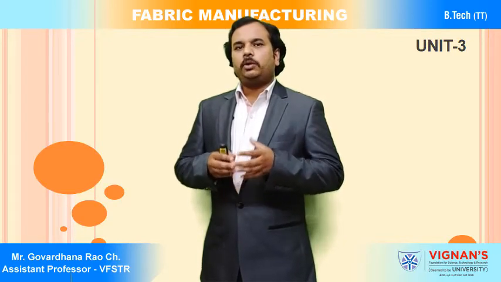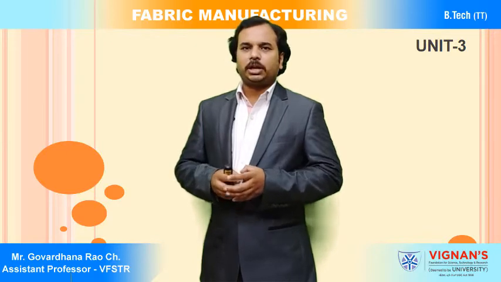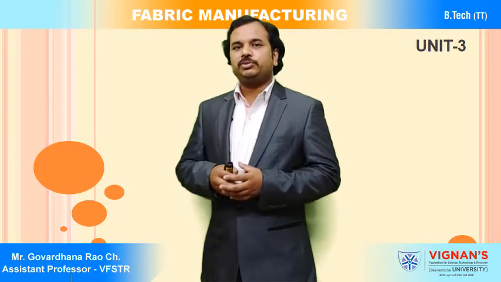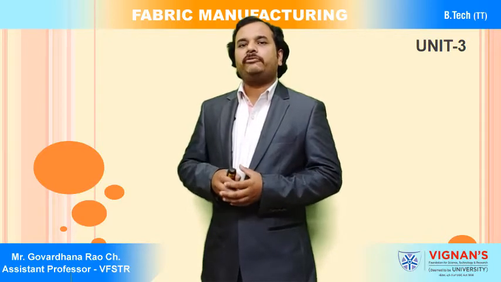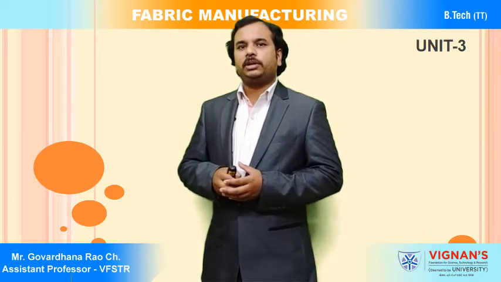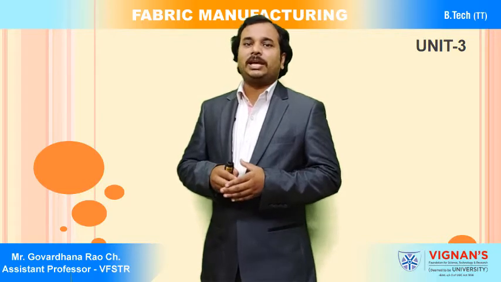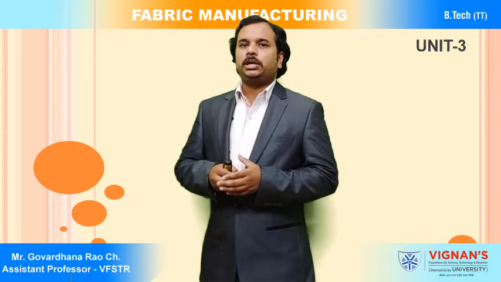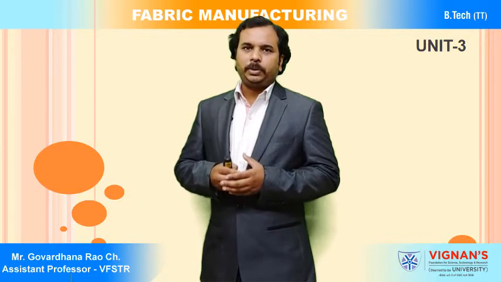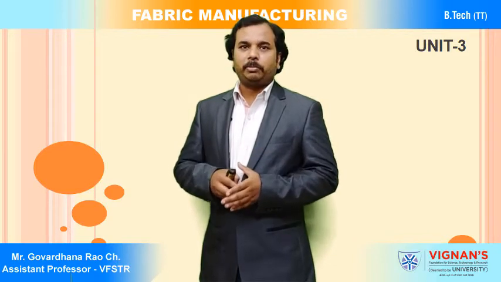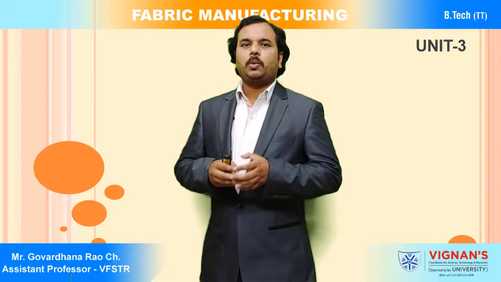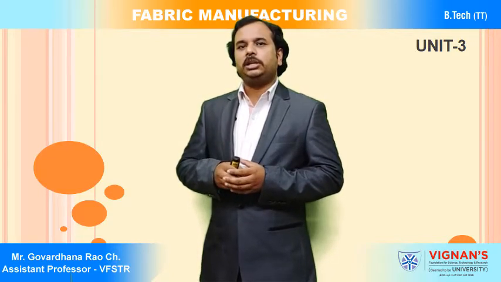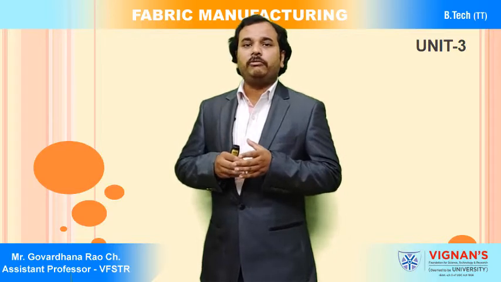We discussed in these two machines the different zones and the different parts involved in the production of warper's beams as well as weaver's beams. Once again I am reminding you that in beam warping we produce warper's beams, and in the sectional warping machine we produce weaver's beams.